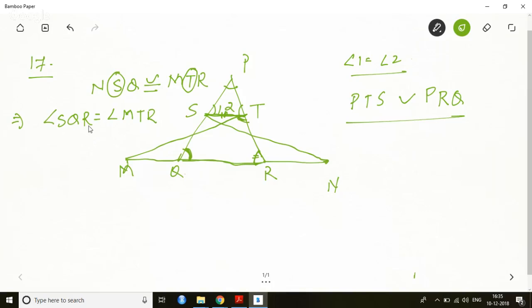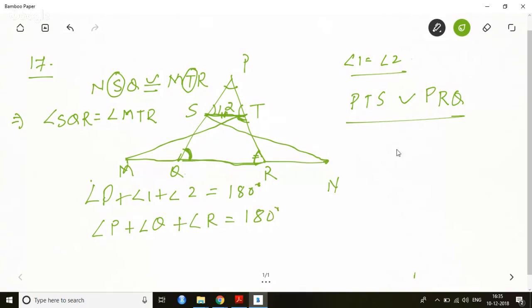Now angle P plus angle 1 plus angle 2 is equal to 180 degrees, and angle P plus angle Q plus angle R is also equal to 180 degrees. So I can say, just look here guys, that angle P plus angle 1 plus angle 2 is equal to angle P plus angle Q plus angle R. Why?